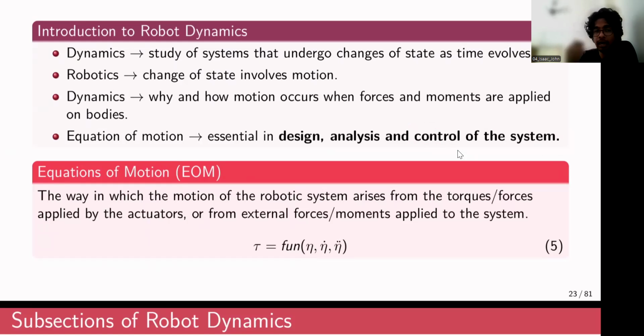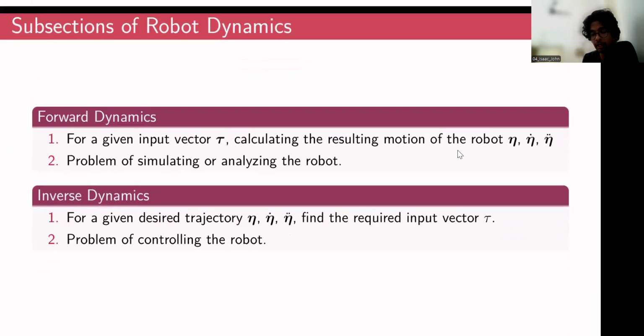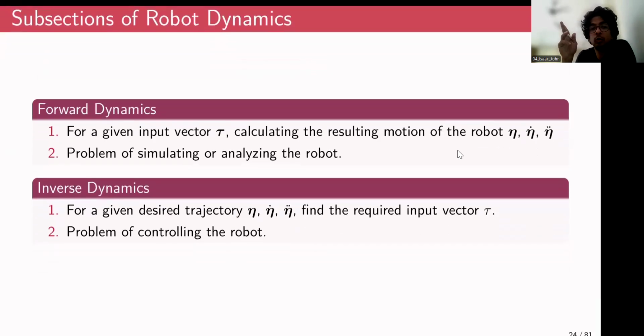And we talked about equations of motion. And similar to kinematics, there are two different problems in dynamics, which are called the forward dynamics problem and the inverse dynamics problem. Very similar definitions for forward and inverse dynamics, right?